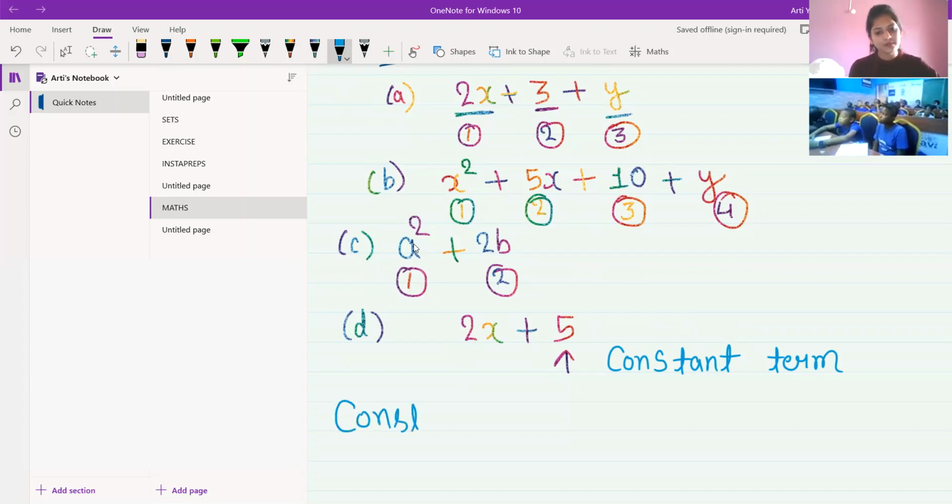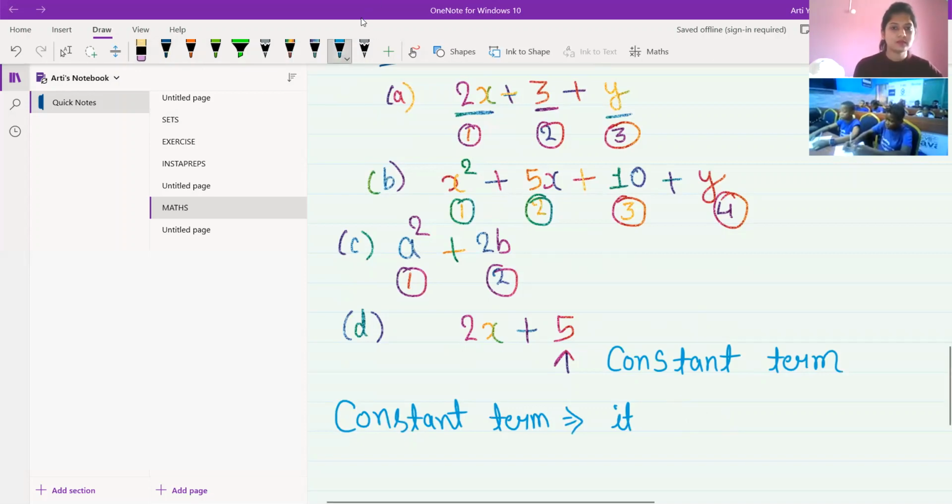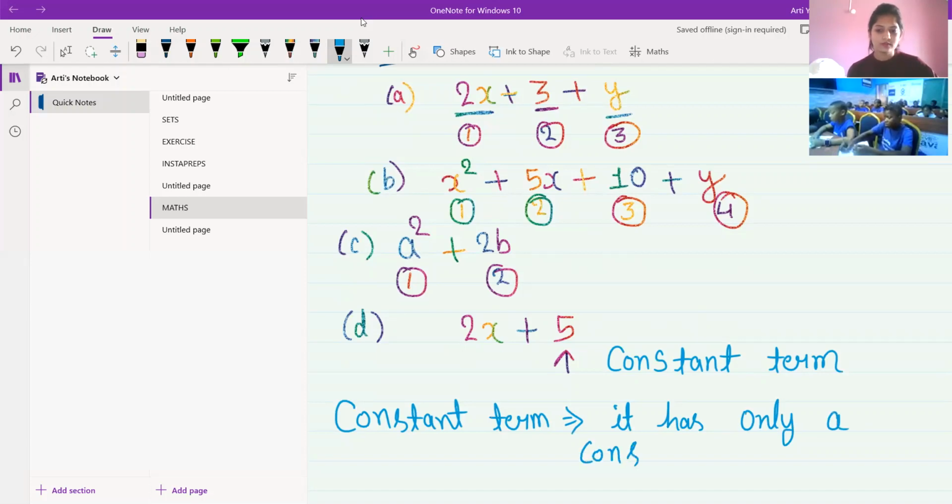Constant term means it has only a constant value.